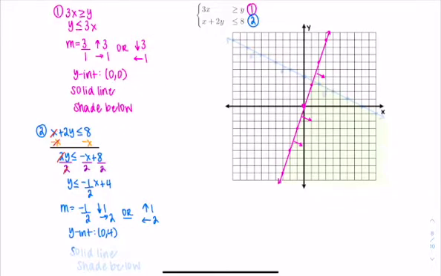We are going to have another solid line. And this time y again is less than, which means I'm going to shade below. So plotting my points here, I got my y-intercept at (0, 4), and my slope is negative 1/2.